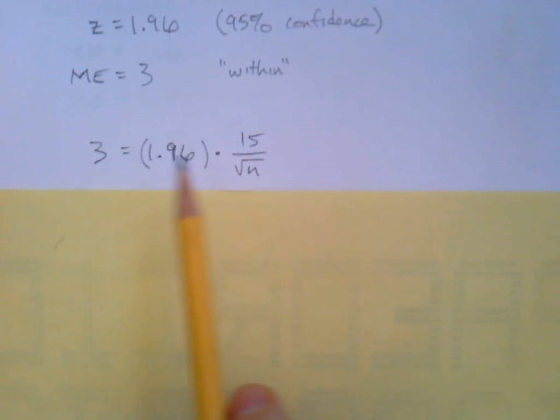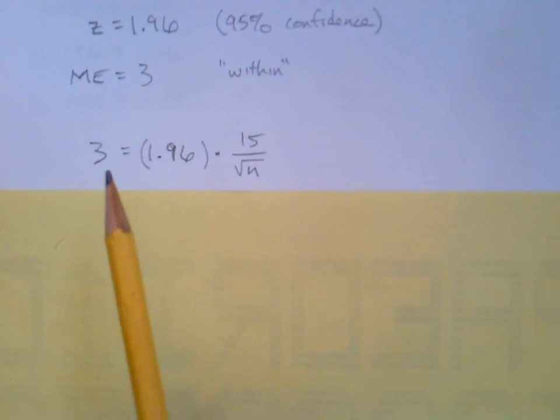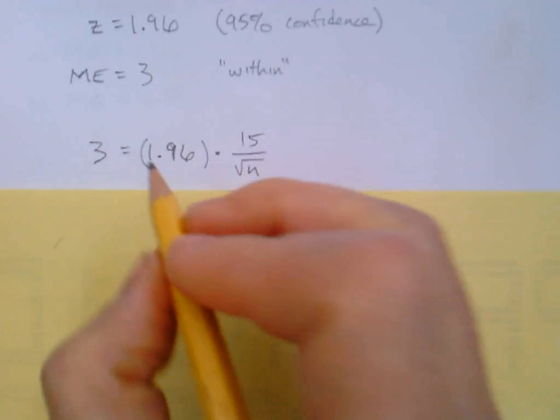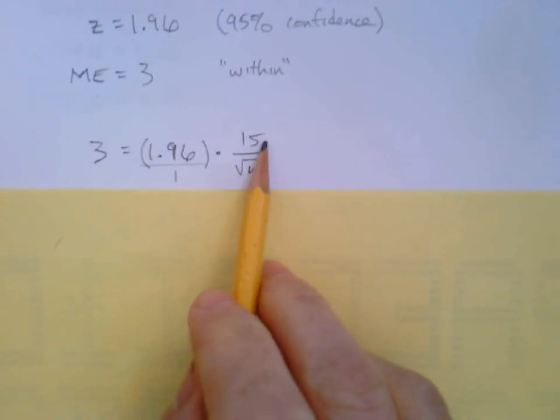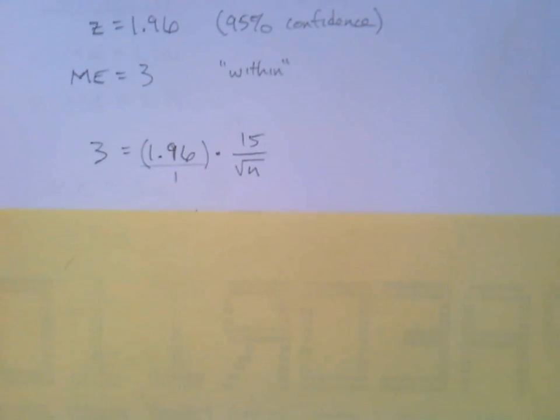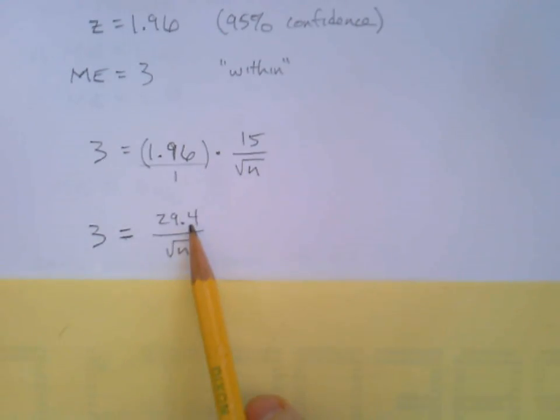There are multiple ways you can go about solving this. Perhaps you feel very comfortable solving this for n, then I say go for it. You probably don't need me to lead you through step by step, but maybe some folks out there would like some guidance. What I would suggest is to think of this 1.96 as being over 1, and just multiply. The 1.96 times 15 gets you 29.4.